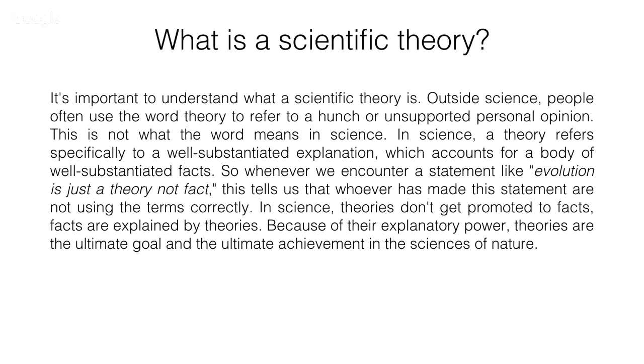So we can say theory equals explanation. An explanation of what? An explanation of facts. This is where people have to really understand, because in the layman's way of using it, that's definitely not implied. People use theory as guess or personal opinion, but no, a theory is an explanation of facts. So you have to have facts first before you can come up with an explanation of those facts, which is what a theory is. All right, so remember that.